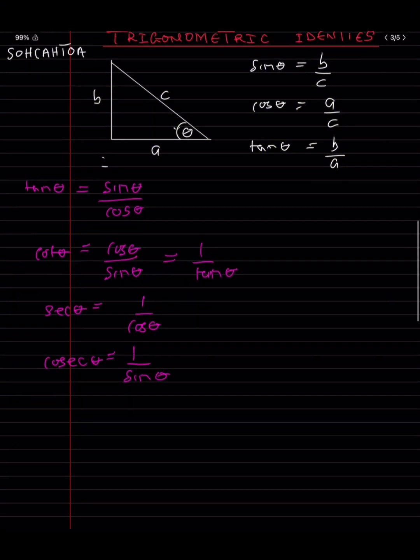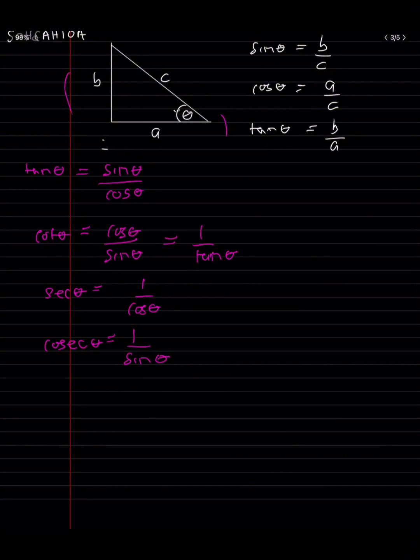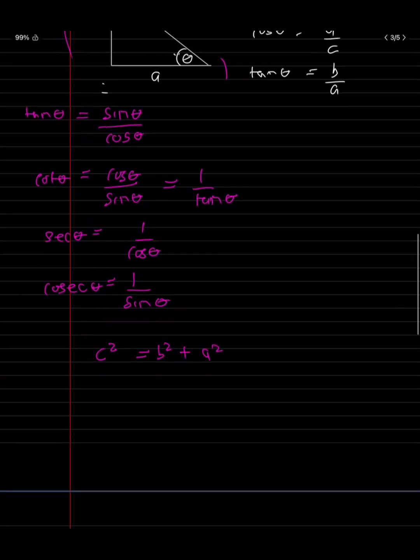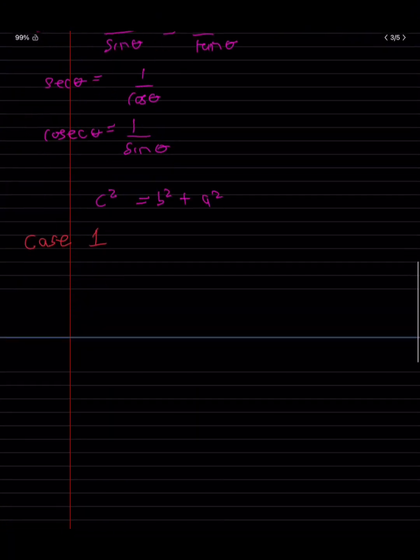Based on these, let's go ahead and derive the various trigonometric identities. Looking at this diagram, from Pythagoras theorem, we can establish the equation c squared equals b squared plus a squared. For case 1, I am going to divide both sides by c squared.